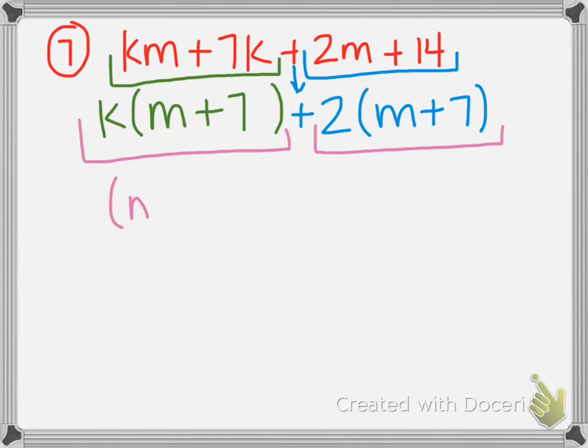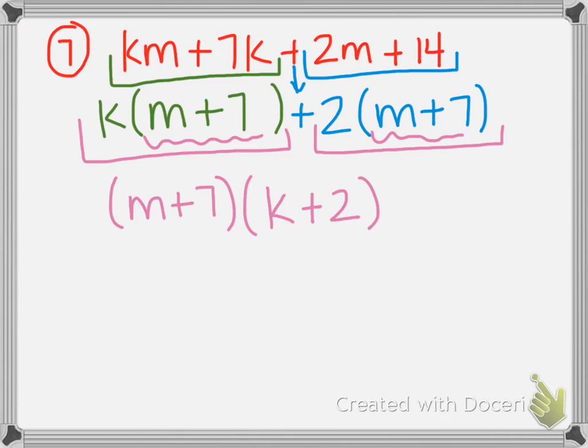So if I remove the m plus 7 from both of the terms by dividing by m plus 7, I have k plus 2. So essentially, our 2 factors are made up of what was inside of both of the parentheses and by what was outside of each of the parentheses. So the k plus 2 came from the outsides, while the m plus 7 came from the insides.